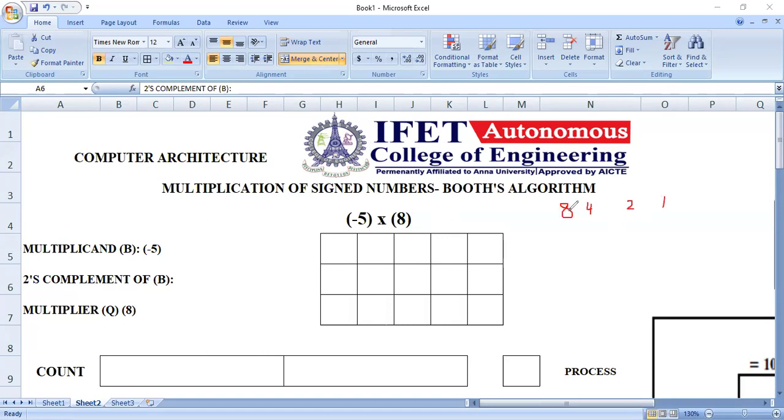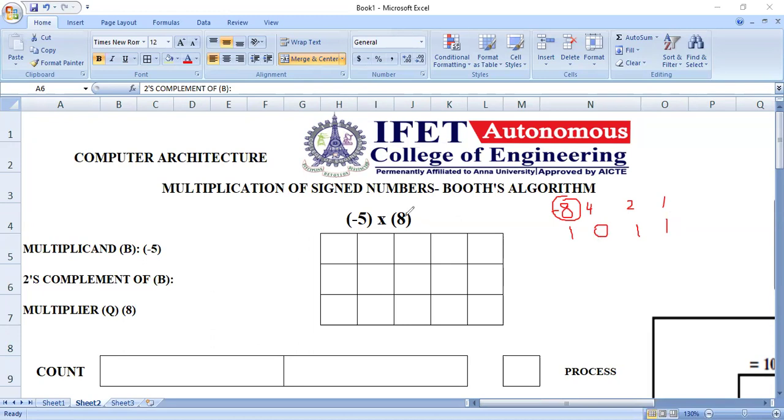If I consider this representation for -5, the MSB will be -8. Since it is negative, this must be taken as 1, and this is -8, but I want -5, so +3. So -8 plus 3 gives me the value -5.